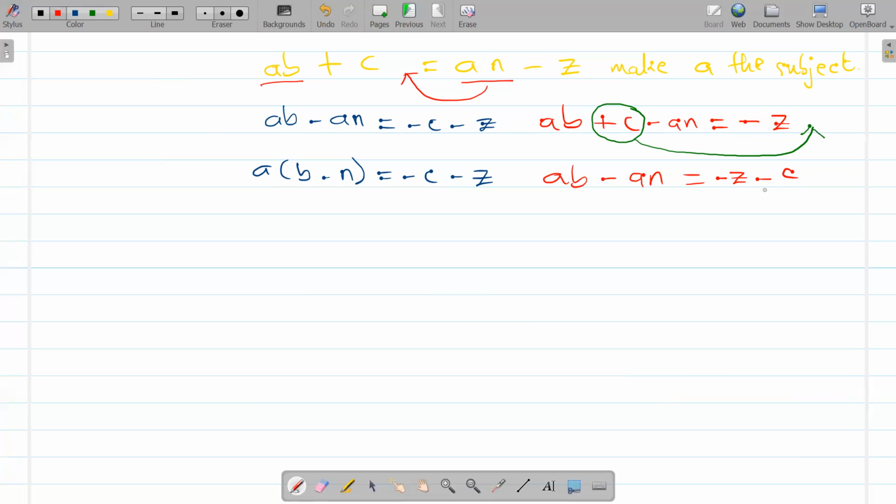So now this is what we have. We have AB minus AN is equal to negative Z, negative C. Is that okay? Yes, but I'm thinking in my book, where can I find it so that I can practice it more?